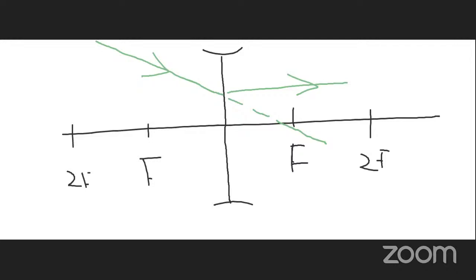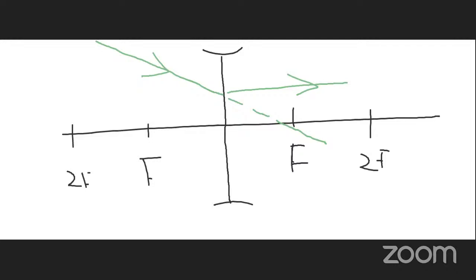Are you seeing the situation here for the diverging or concave lens? We're saying a ray that is to pass through the far principal focus of a diverging lens after refraction will pass parallel to the principal axis.